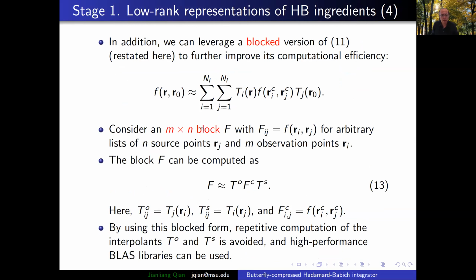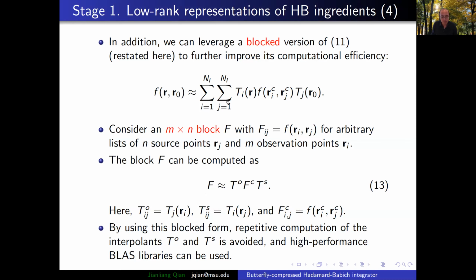Now, once we have those, we can use a blocked version to compute the quantity ingredients we need at the mesh locations. That's how we efficiently use that representation: we use a blockwise structure.